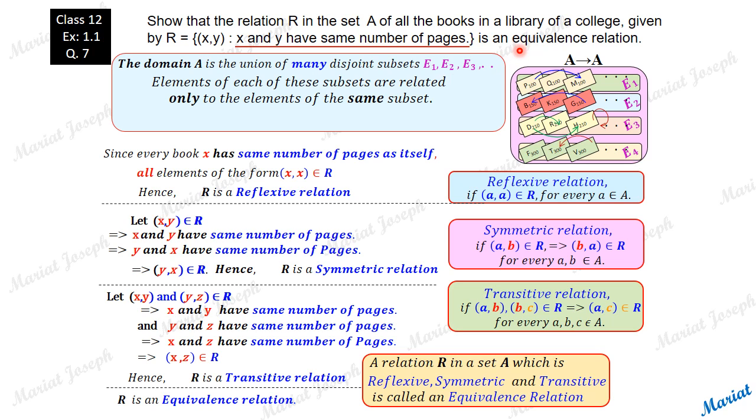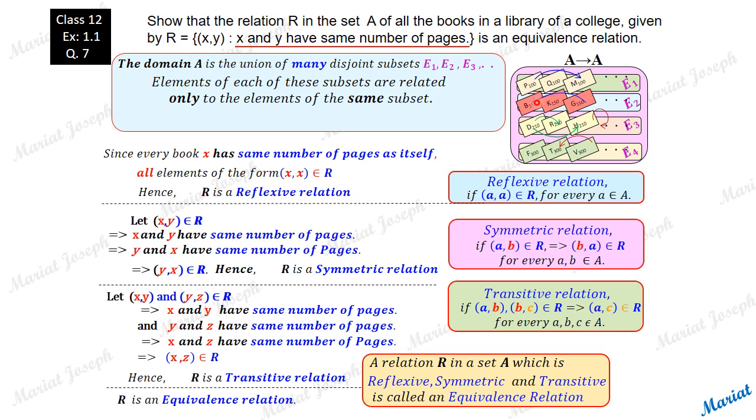One thing more. In this relation, elements of each of these subsets are related only to the elements of the same subset. Obviously, a book having 100 pages cannot be related to a book in another subset having some other number of pages. This book having 100 pages will be related to some book of the same subset.